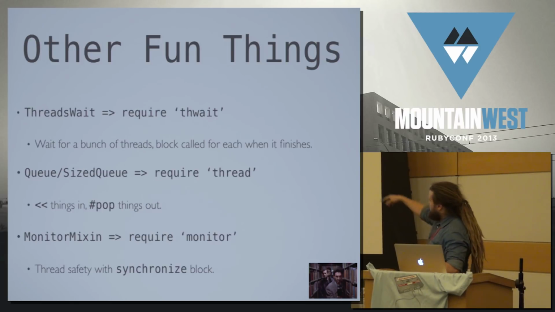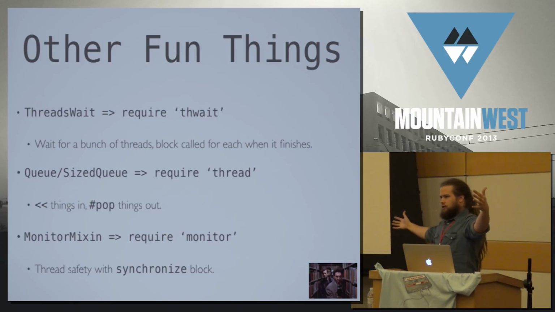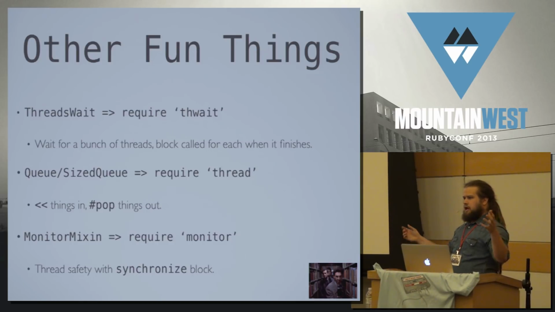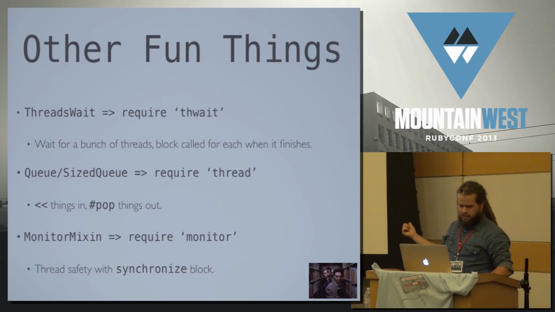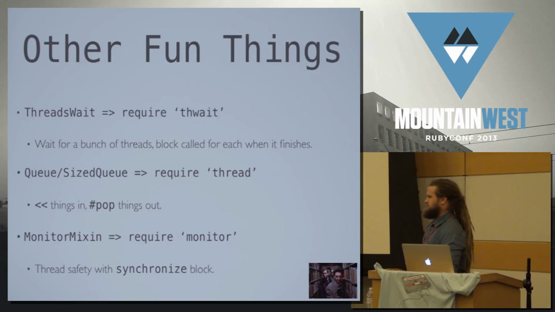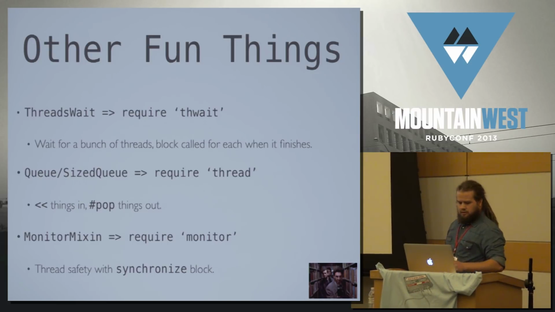For doing thread stuff, you can use ThreadsWait to wait on a list of threads and then get a callback when one finishes, as opposed to just mapping over your array of threads and calling join and whatnot. Of course, with Queue and SizedQueue, those are, I think, the only thread-safe data structures in the language. So you can shovel things in, pop things out.